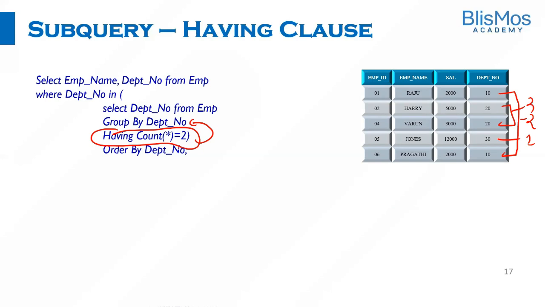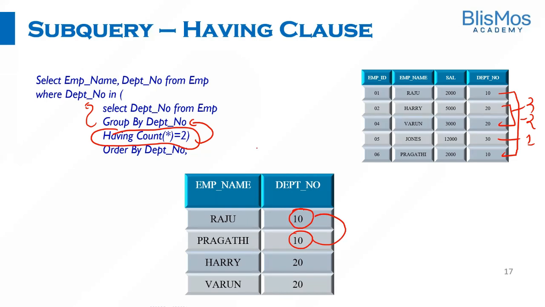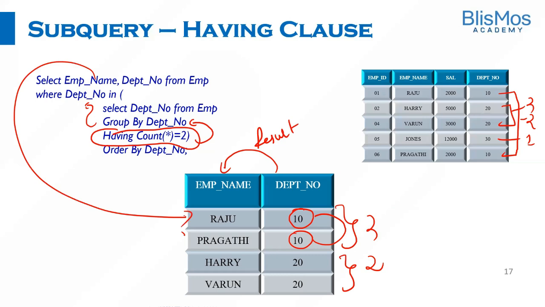But we want the groups which have a count equal to 2, and those records will be funneled to the main query and we'll get these results. So after the group by, department 10 has count equal to 2. 20 also has count equal to 2. That is the reason only the records with department numbers 10 and 20 are there as a part of the result. Since we are choosing the employee name, that is also there as a part of this result.